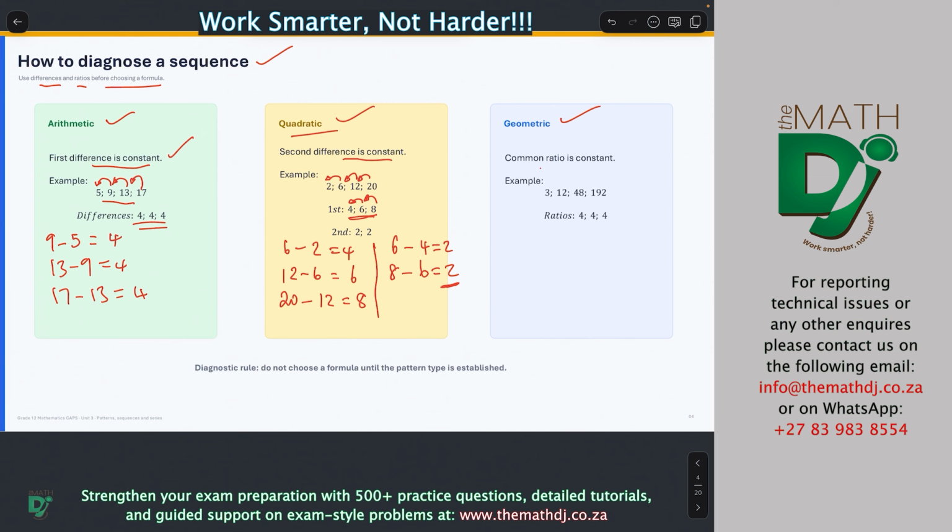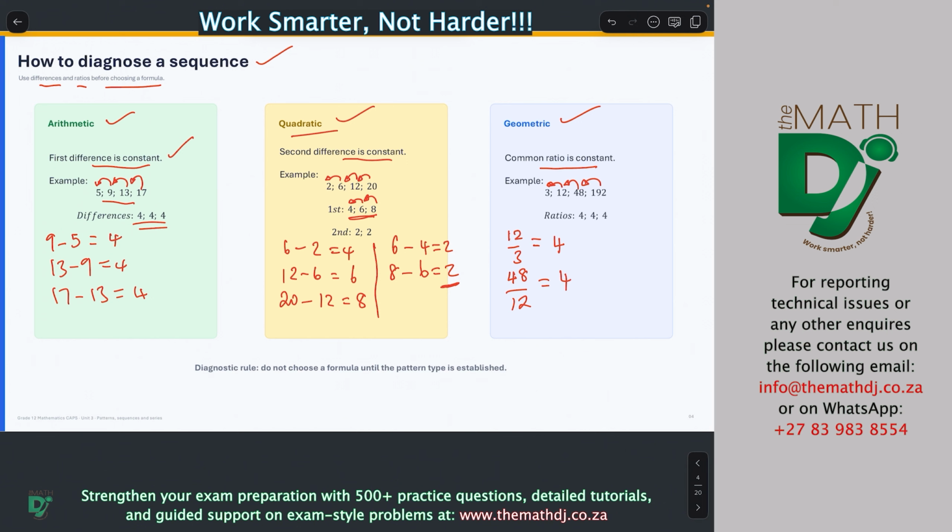Then for a geometric sequence, we are looking at whether the common ratio is constant. Remember, a ratio has a numerator and a denominator. In this case, we take 12 over 3, and you get 4. Then 48 over 12, you get 4 again.